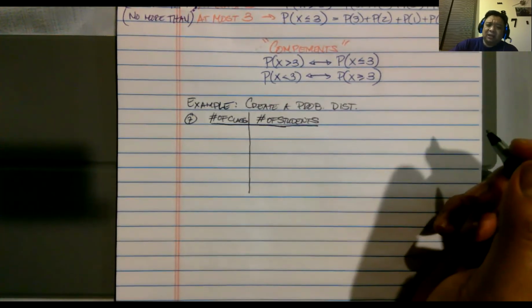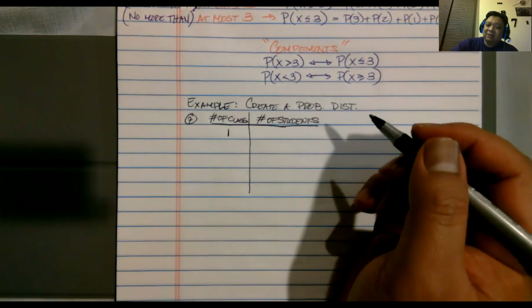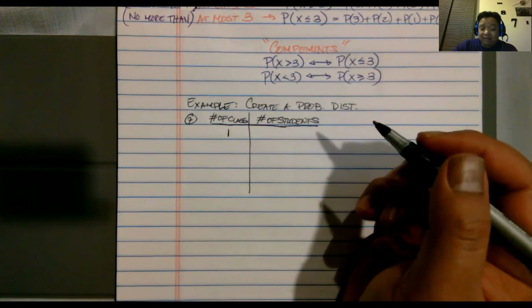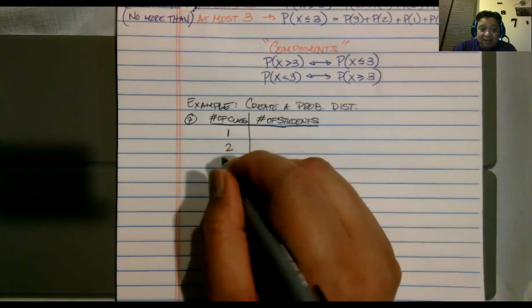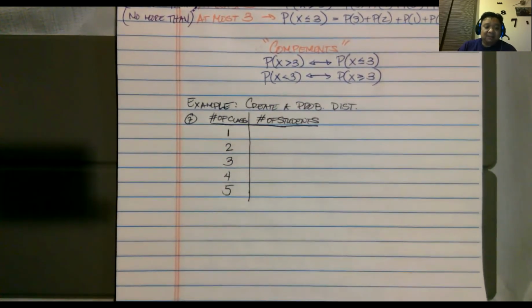Let's just assume that the lowest is 1. We wouldn't have anyone taking no classes, so we only interviewed the students that are taking classes, and let's say most students will not take any more than 5. So 5 essentially is the maximum. So it's 1, 2, 3, 4, 5.